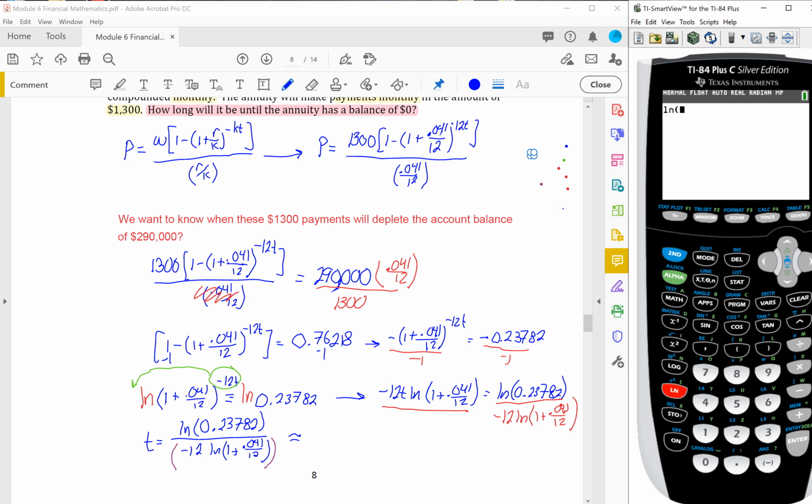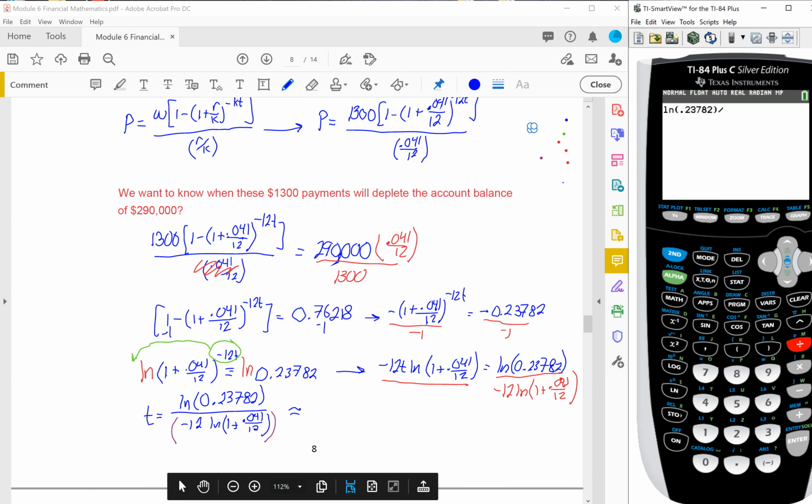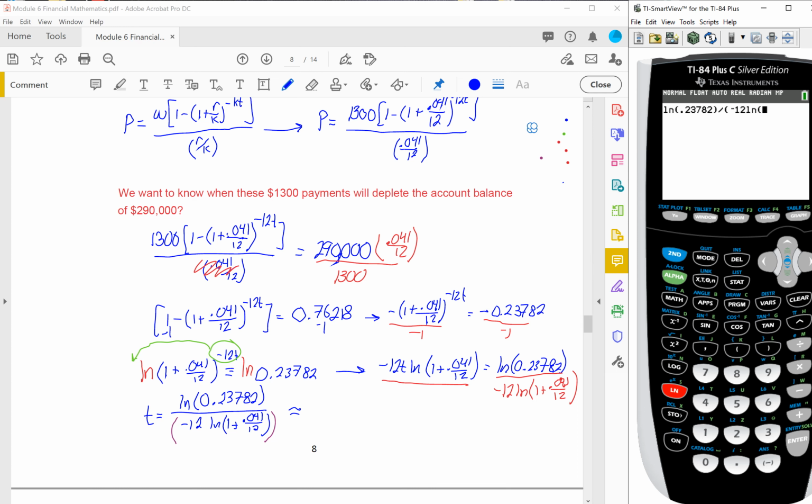So I have the natural log of 0.23782 divided by, now to start my denominator, let's put our grouping symbol, the negative 12 natural log of the 1 plus 0.041 divided by 12. The first parenthesis to end off the natural log, and then another parenthesis to end the grouping symbol for the denominator.